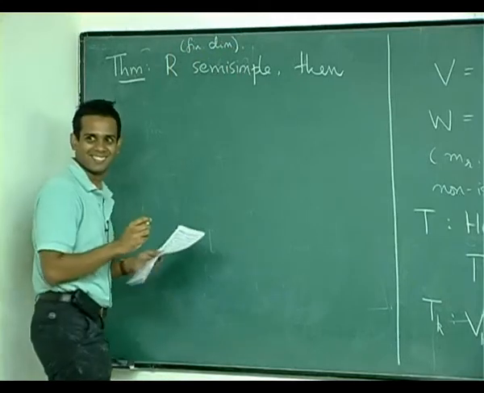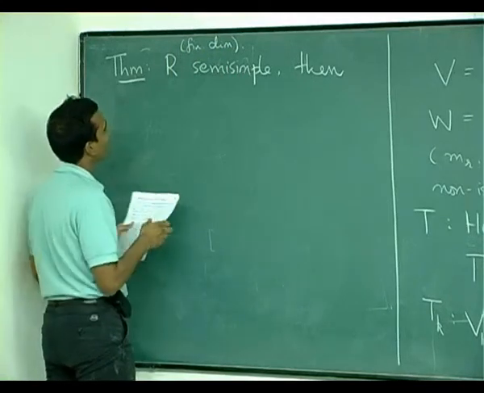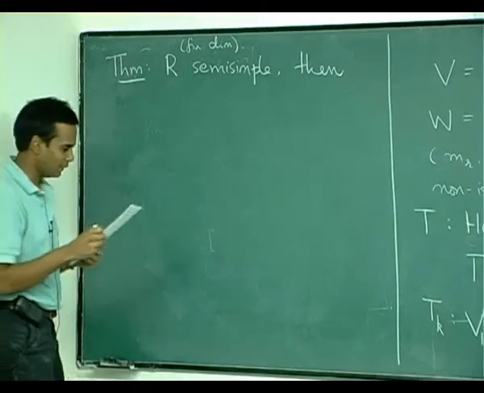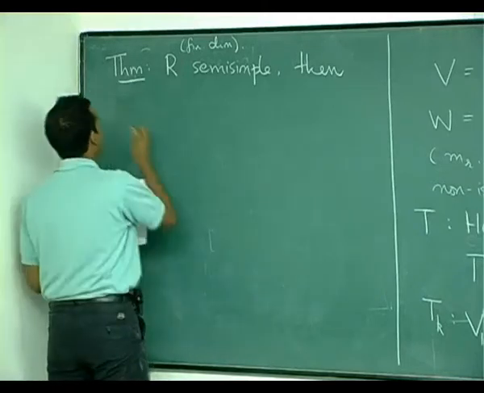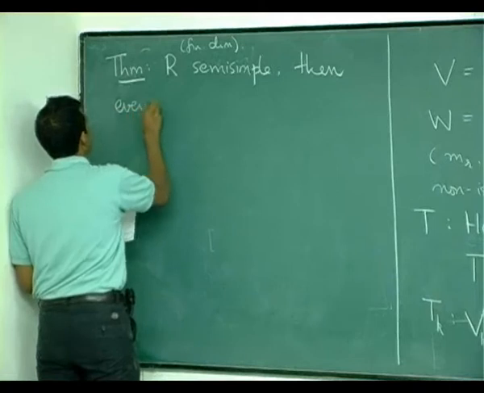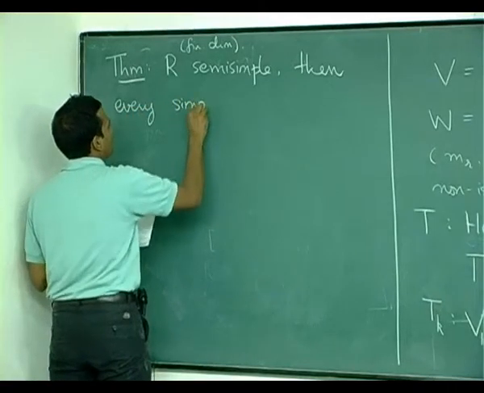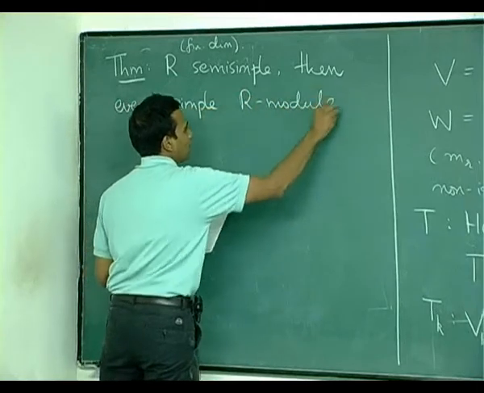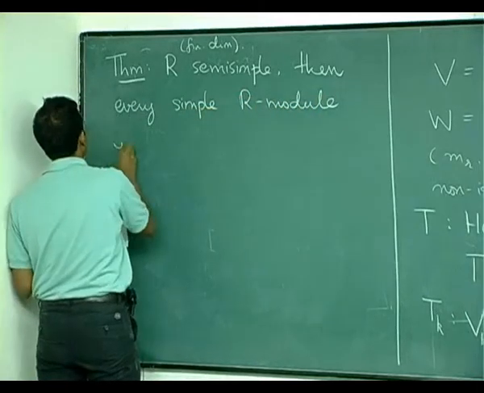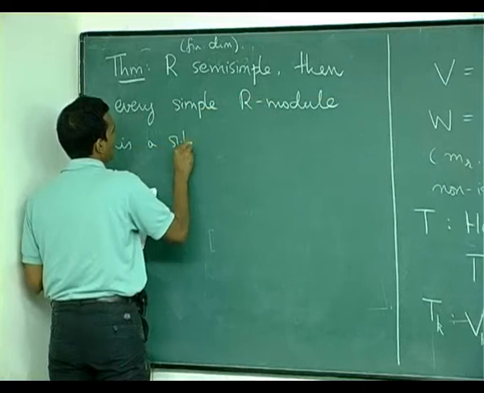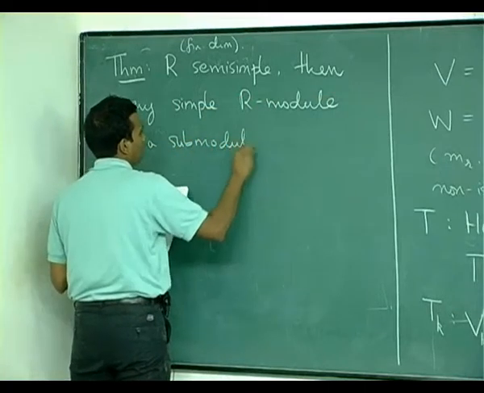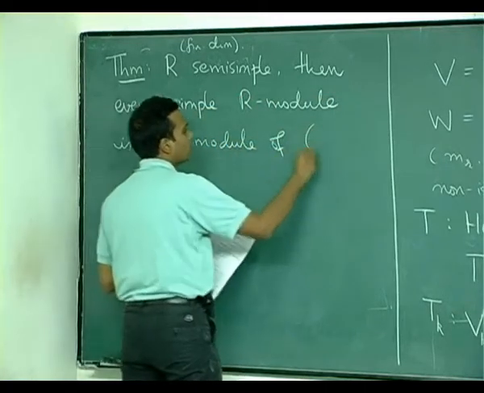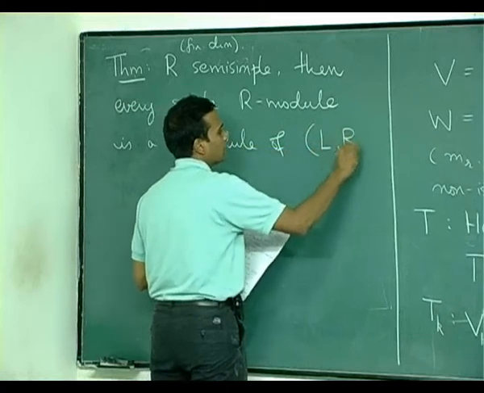Okay. So R is a finite dimensional semi-simple K algebra. Then every simple R module is a submodule of the left regular R module.